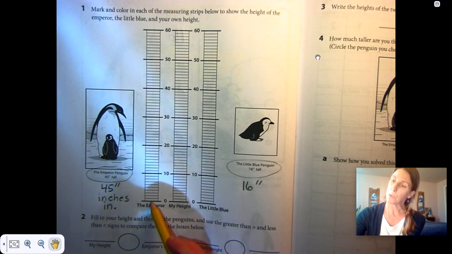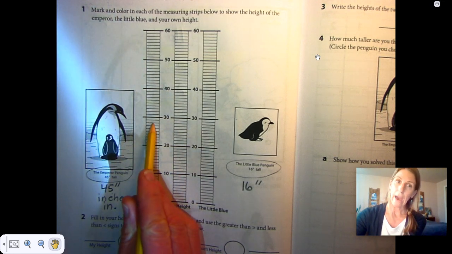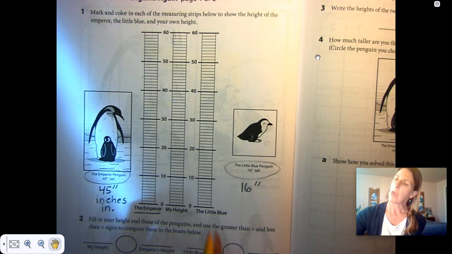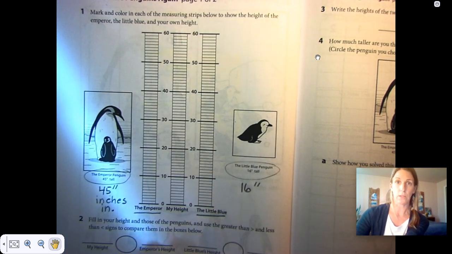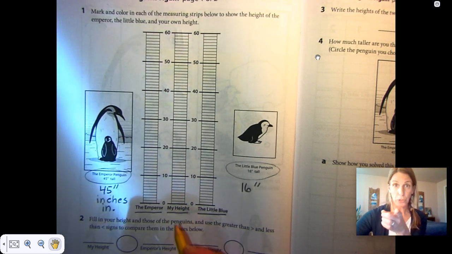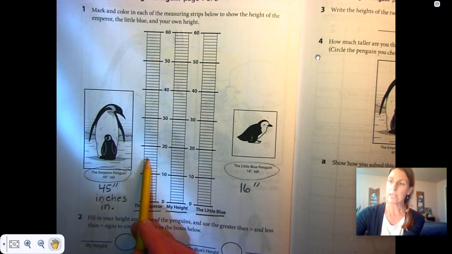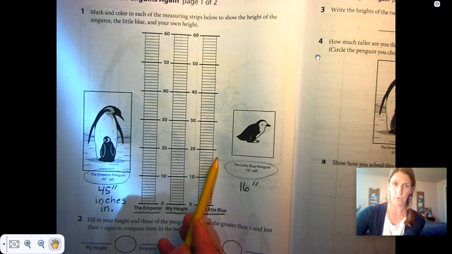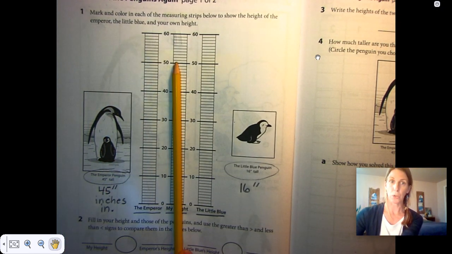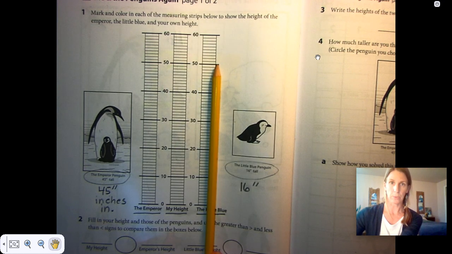I want you to show me how tall the emperor penguin is, and then how tall the little blue penguin is, and then how tall you are on these 3 different number strips. So, emperor penguin, your height, little blue height.